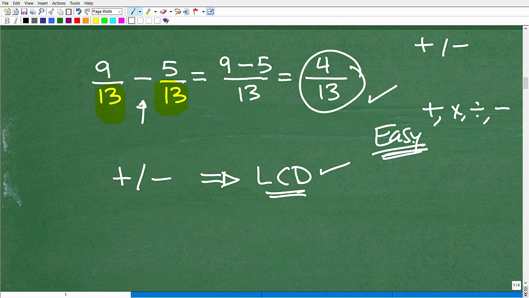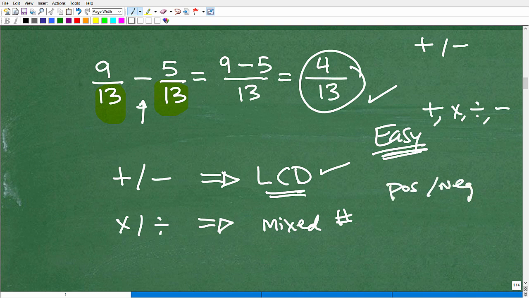And then, in terms of multiplication and division, we can make it more interesting by adding what we call mixed numbers, etc. Then we can always throw in some positive and negative values. So you can start adding all kinds of different twists into the world of fractions to make it more challenging.